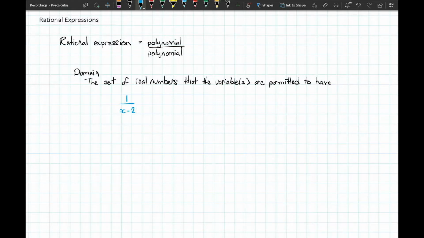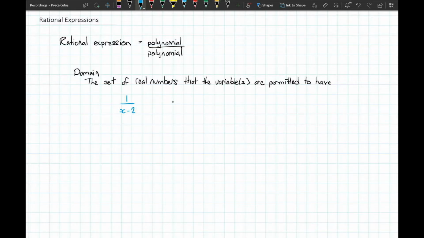It's linear, it's not even quadratic, it doesn't even have an x squared. But it's pretty simple right away to think about what values would end up being not permitted. What would cause the denominator to equal 0, resulting in 1 divided by 0?